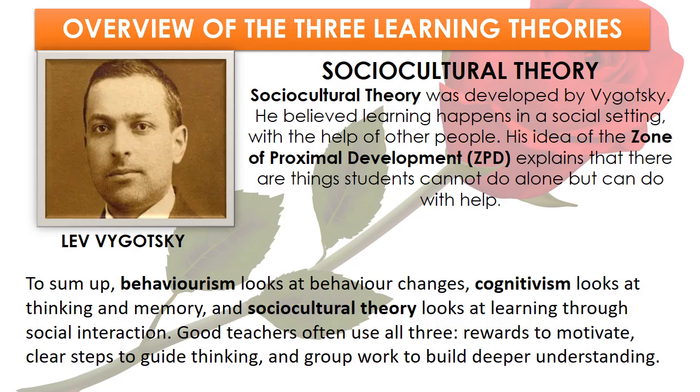He believed learning happens in a social setting with the help of other people. His idea of the zone of proximal development, ZPD, explains that there are things students cannot do alone, but can do with help.